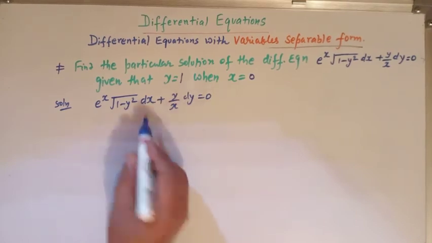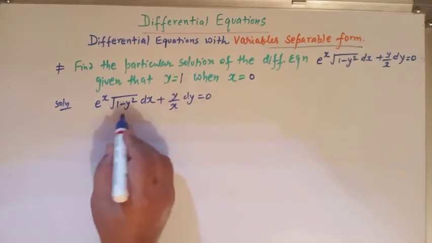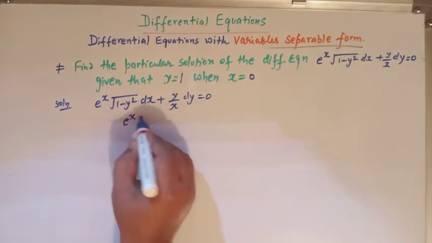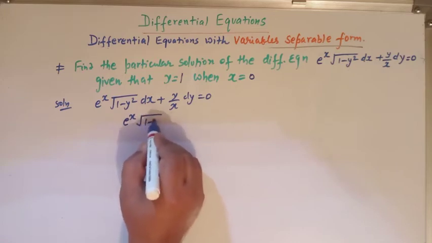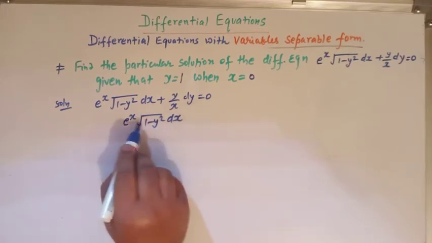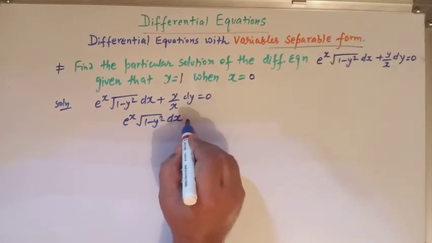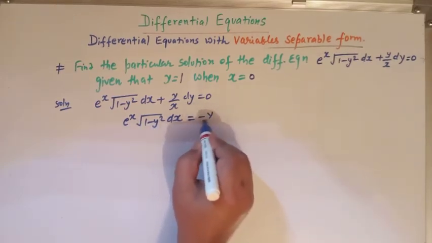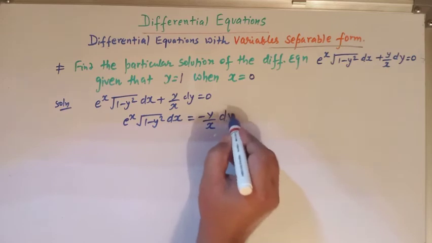Now here let us rewrite this equation as e raised to x multiplied by square root of 1 minus y square dx is equal to minus y over x dy.